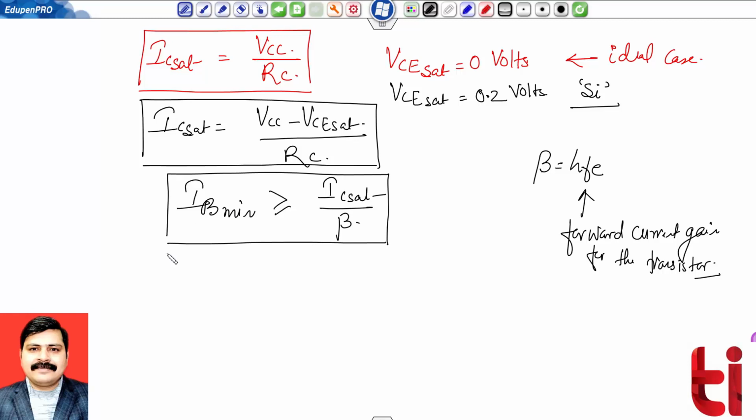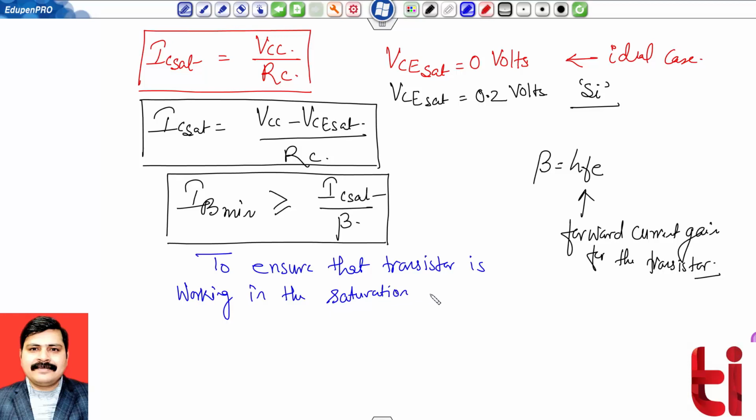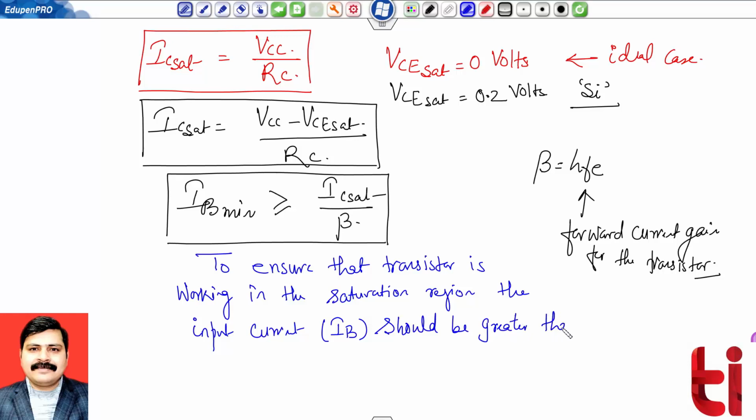To ensure that the transistor is working in the saturation region, the input current, which in this configuration is IB, should be greater than IB min.